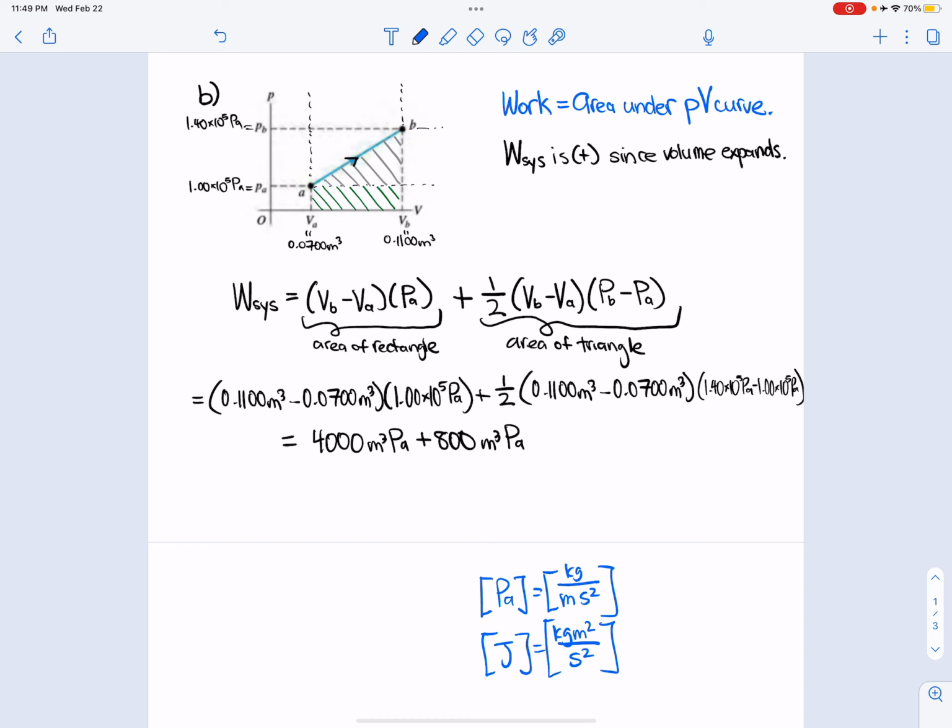These are interchangeable units. So if instead of Pascal, I use meters cubed times Pascal, which is kilograms over meters times second squared, this would cancel out, and I would be left with kilogram meter squared over second squared. Voila, that's just joules, okay?